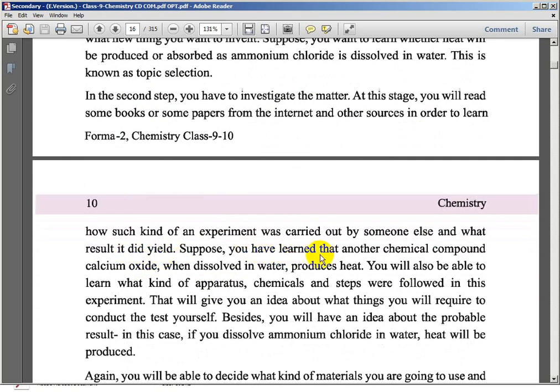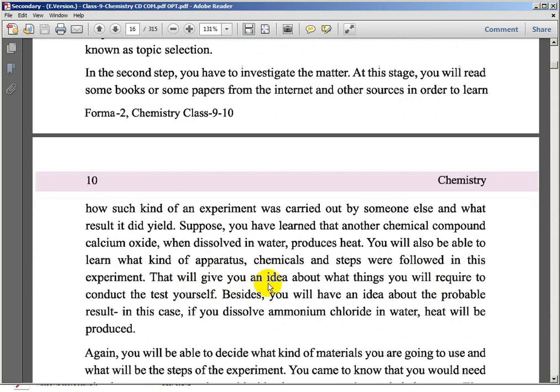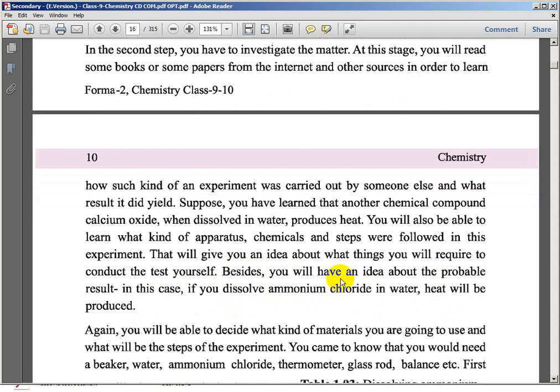Suppose you have learned that another chemical compound, calcium oxide, when dissolved in water produces heat. You will also learn what kind of apparatus, chemicals and steps were followed in this experiment. That will give you an idea about what things you will require to conduct the test yourself. Besides, you will have an idea about the probable result.